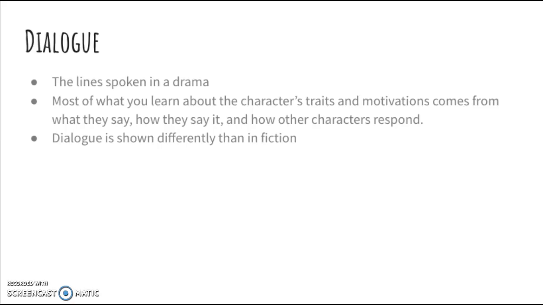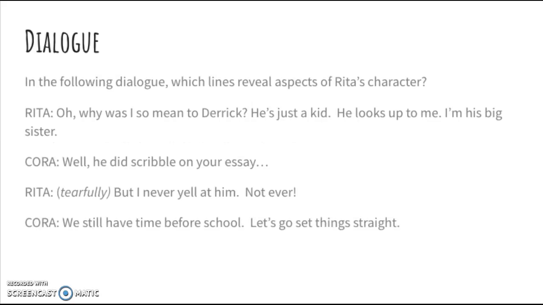So you have characters saying much more than they might in another work of fiction. And it doesn't look the same. You don't have quotation marks, you don't have new paragraphs and things like that. Dialogue is, you have the character's name in all caps, a colon, and then what they're saying. You might have a stage direction before the words that the character is going to say in italics so that you know how to say it. Though that's not said, that is how you say it.